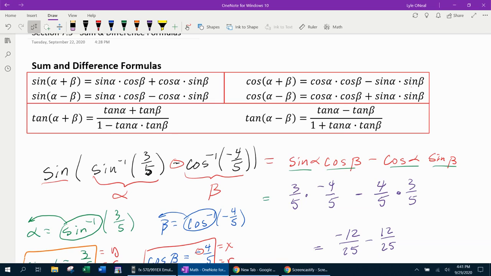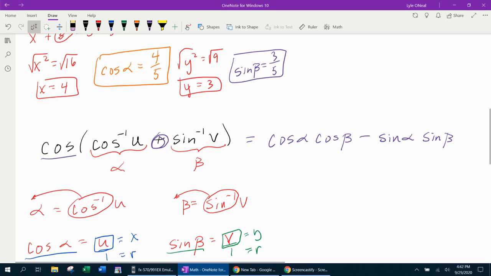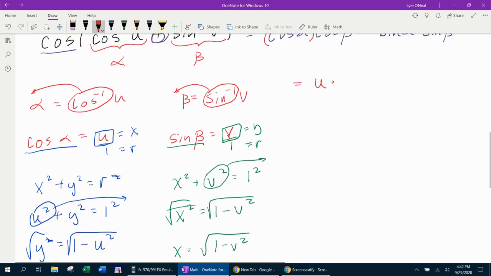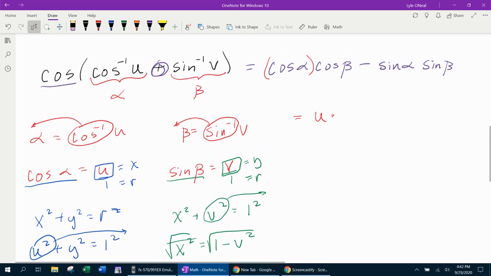Again here, cosine alpha plus beta. See, the plus turns into a minus, and you've got your cosines and then your sines, just like we have here. And now it's time to do a little plug and play. Okay, cosine alpha was u, and cosine of beta was the square root of 1 minus v squared.